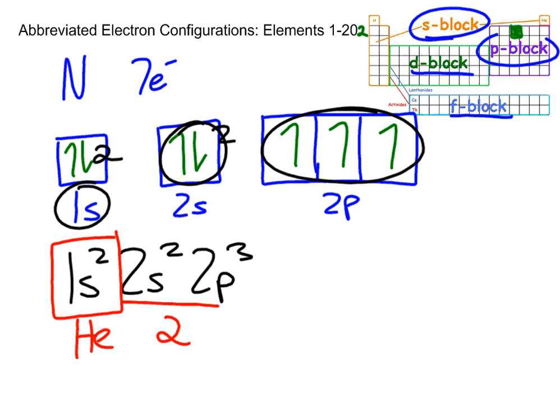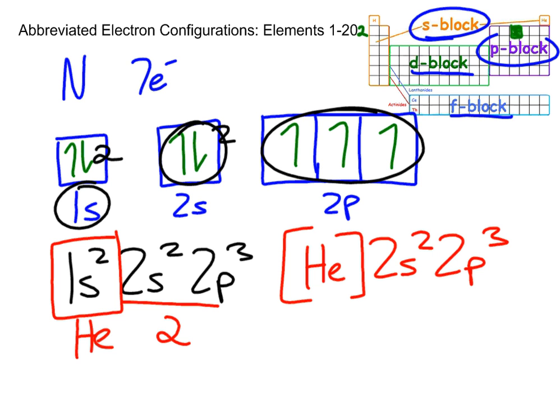So because this is helium's electron configuration, all you really have to do in order to do the abbreviated electron configuration is, instead of writing 1s2, you write helium in brackets, and then you just continue on with the rest of the electron configuration. This right here would be considered the short version of that.